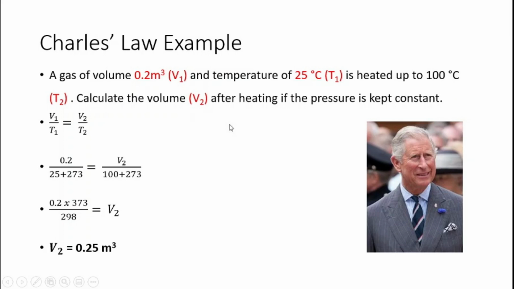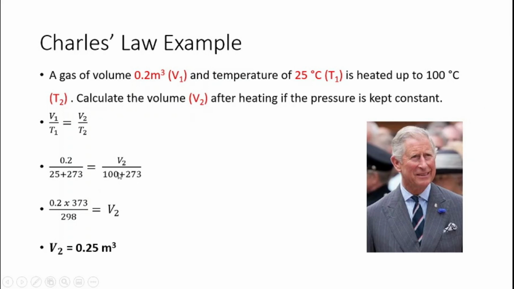So we're keeping the pressure constant, so that's not changing, so we're going to use Charles's law. V1 over T1 equals V2 over T2. So we know V1, it's 0.2. We know T1, it's 25, but you've got to add the 273 to it. That equals V2, which we don't know, all over 100 degrees C plus 273, because we need it in Kelvin.